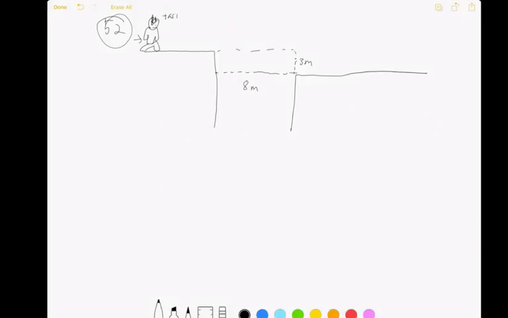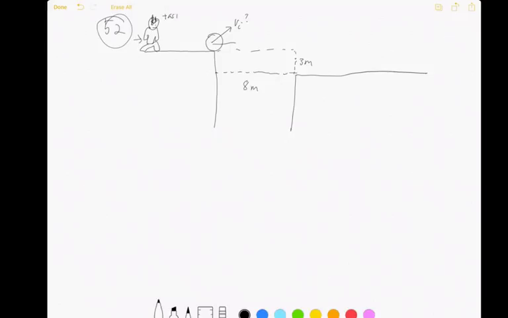So, let's see, what's the best way to do this? The issue with this question is there's actually a lot going on. So here's the dude. What's his initial velocity? Are they assuming that the initial velocity is horizontal?